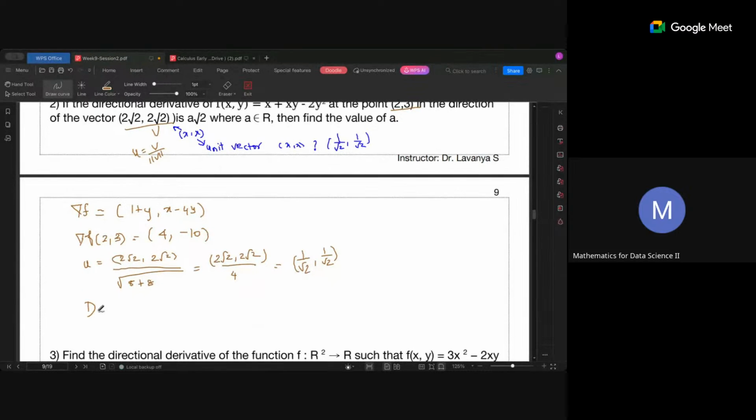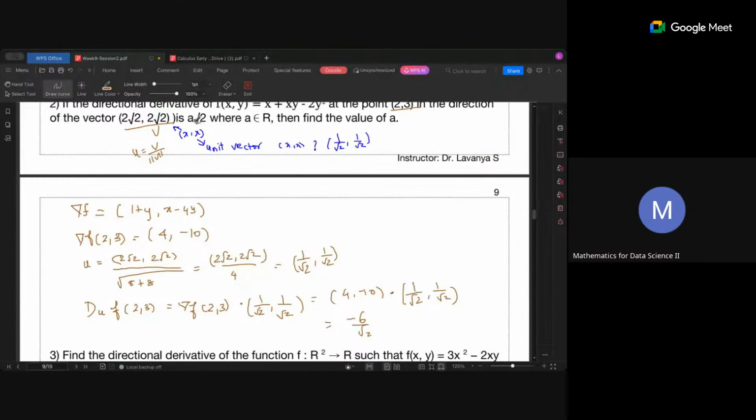Okay, so what is now the directional derivative at this point along this direction u? What is the answer? Minus 6 by root 2.